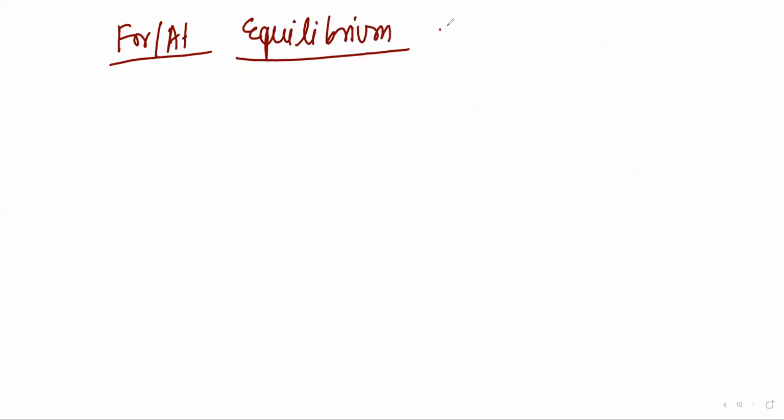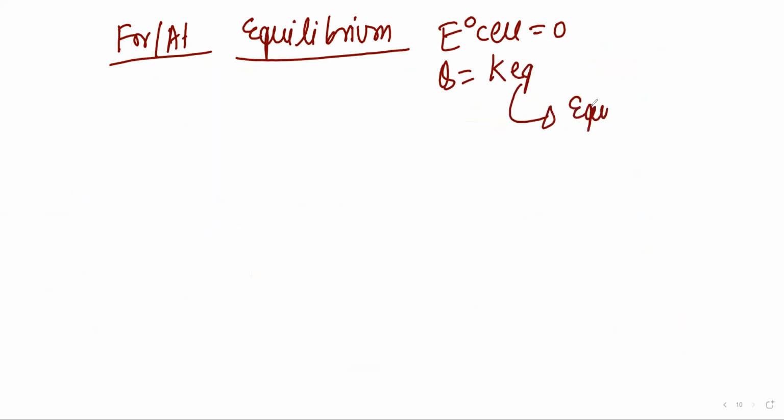So see, at equilibrium, E of cell is equal to 0 and Q equals K equilibrium. So this is equal to the equilibrium constant, the reaction constant.